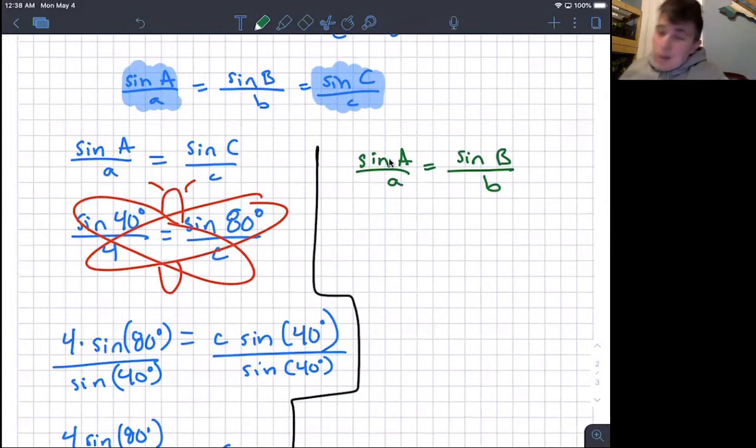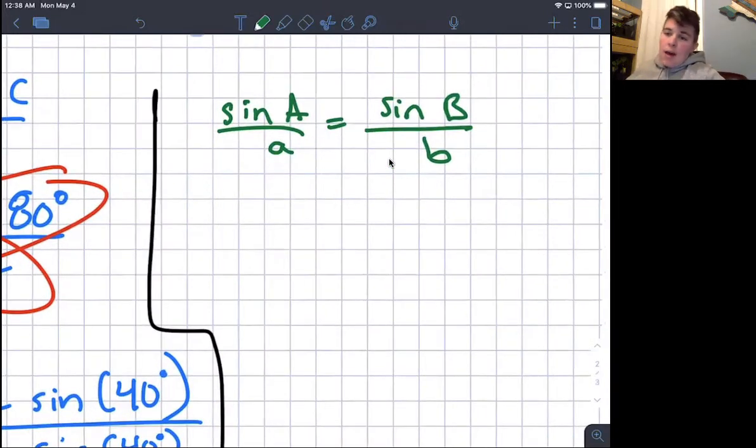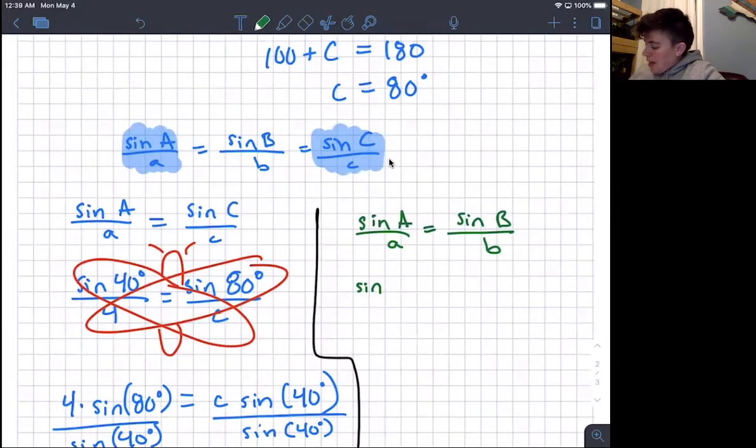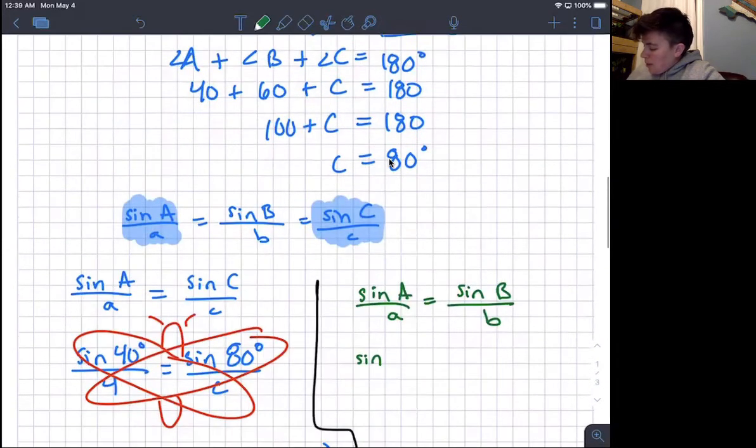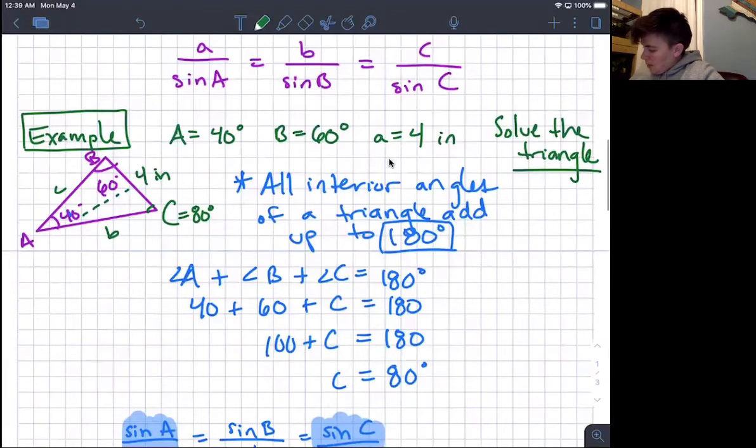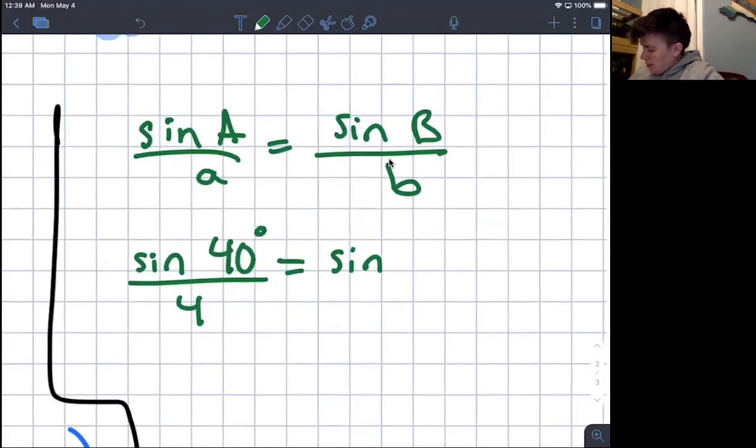Technically you could have done this first. I just like to start with a bigger angle because that's going to come in handy when we do law of cosines later. So I want you to have that habit in your brain. This is going to be sine of 40 degrees over 4, equals sine of 60 degrees over b, like so.